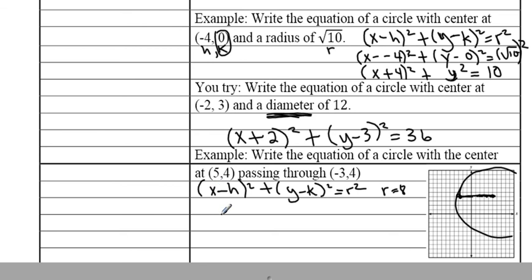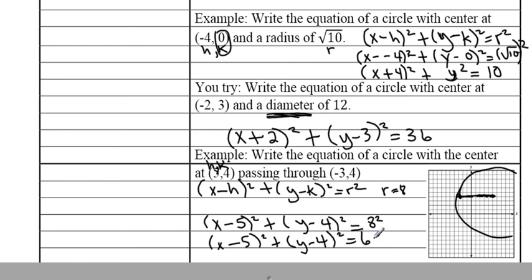So this equation of a circle with the center being (5, 4) would be (x − 5)² + (y − 4)² = r², 8². So to clean it all up, I have (x − 5)² + (y − 4)² = 64. And that's my final answer.